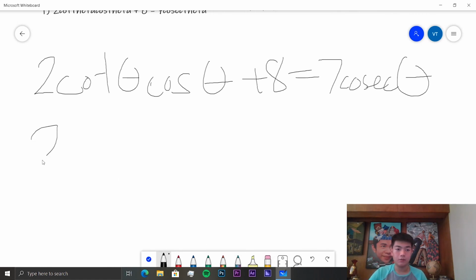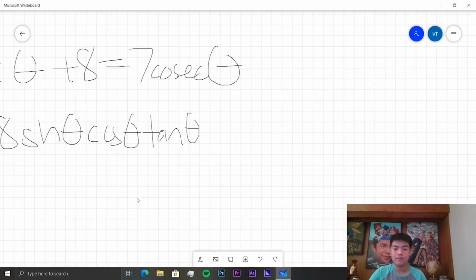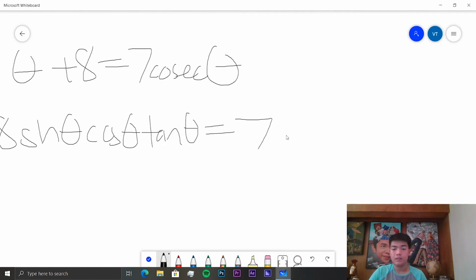Then we get 2 times sine theta plus 8 times sine theta cosine theta tangent theta is equal to 7 cosine theta tangent theta.